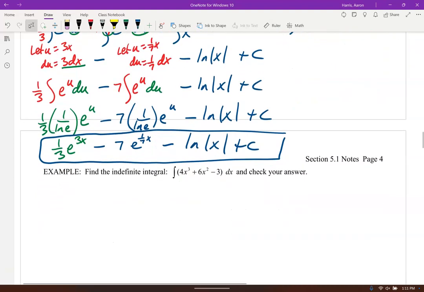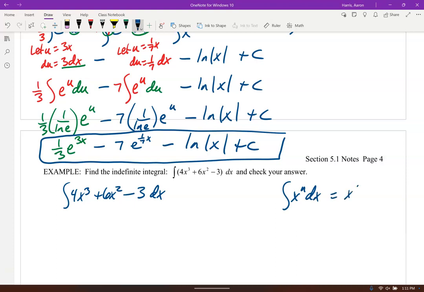Let's keep going. Notice here we can just run that power rule, right? The integral of x to the n dx is x to the n plus 1 all over n plus 1 plus a constant. So I'm going to do that. 4 stays there. x to the 3 plus 1 is 4, all over that 4.